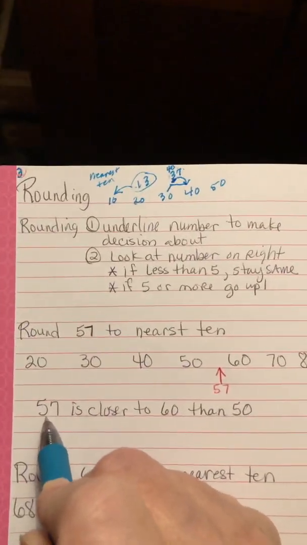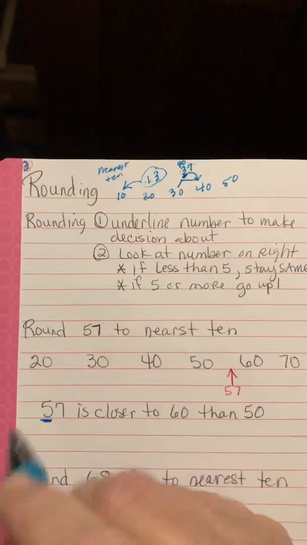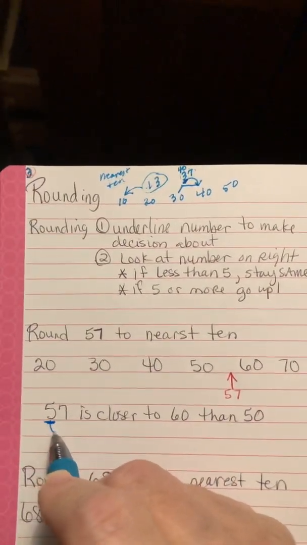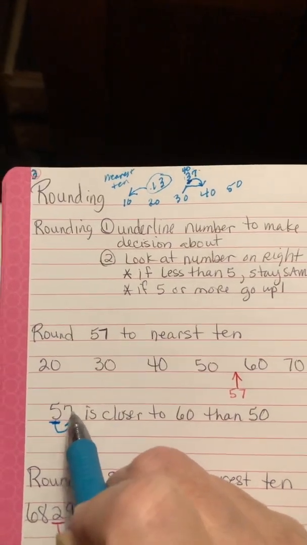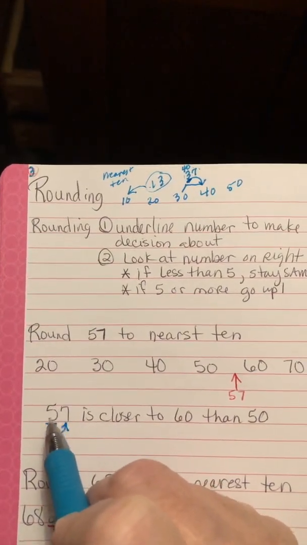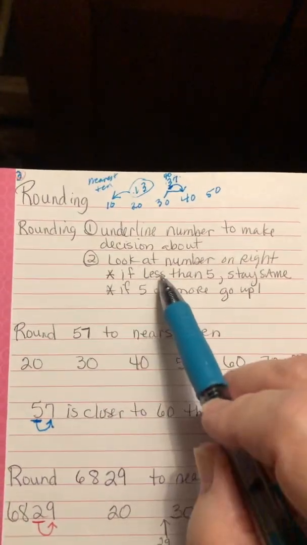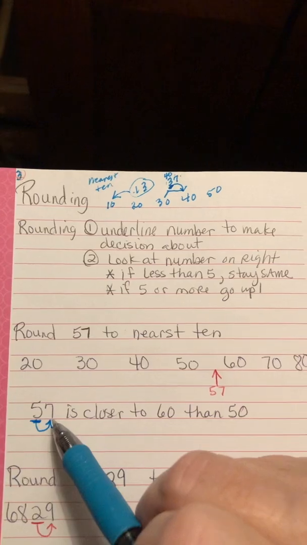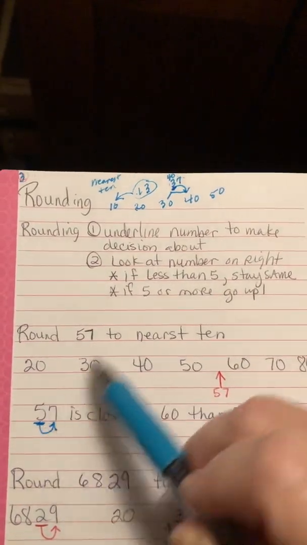57, we're going to round to the nearest tens, and the 5 is in the tens place of our number system. So we're going to look at the number right next door to it. The 7 is going to help us decide what to do with the 5. So it says here, if the number that's next to your place value is less than 5, then your 5 would stay the same.